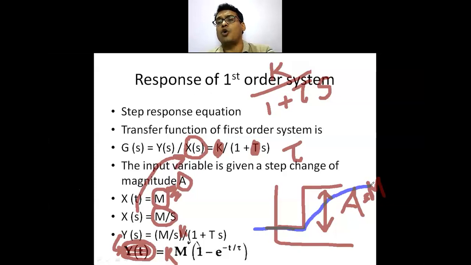So my output will behave like this, and it is obtained by using this mathematical equation y(t) equal to MK into bracket 1 minus e raised to minus t upon tau. This is important. This is the response equation of the first order system.